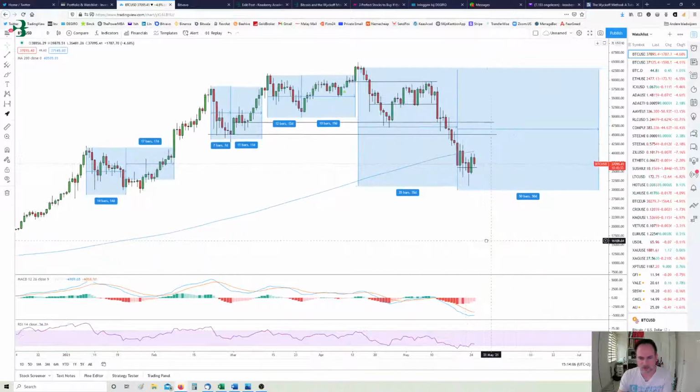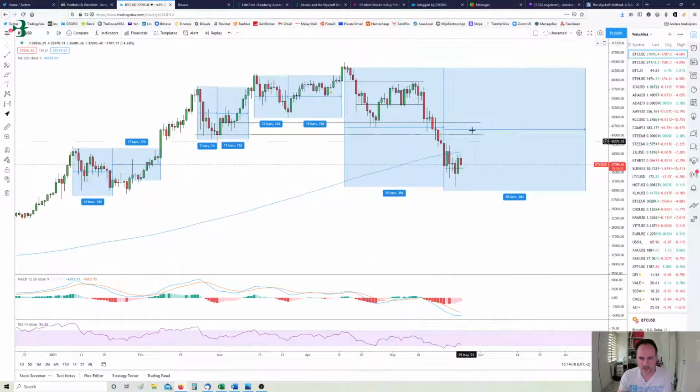If we would get a similar scenario, rather than testing the support levels this week or next week, we would actually have a very, very boring phase where we basically trade within support and resistance here, maybe 40,500 and 34,500, within that phase for a couple more days. And eventually we start breaking out of that and we start going up, and then it would look more something like this, and then you'll see it going up.